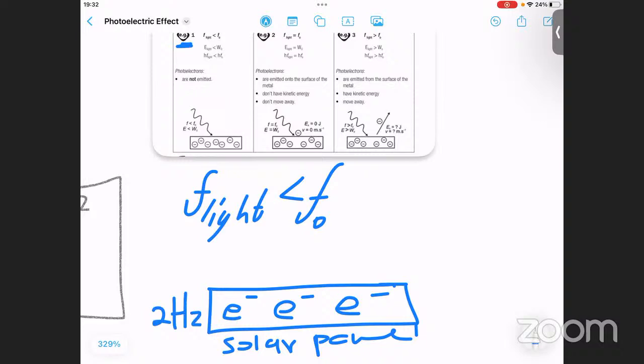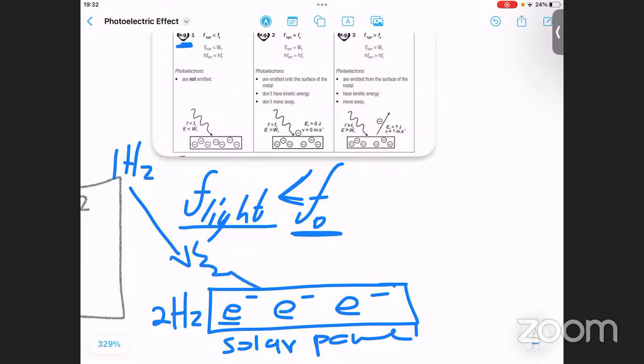So that means if the frequency from the light or from the sun is less than the threshold, or less than the one needed to emit 1 electron, it means the electron will not be emitted, because you've got, let's say, 1 frequency that shines on that metal.